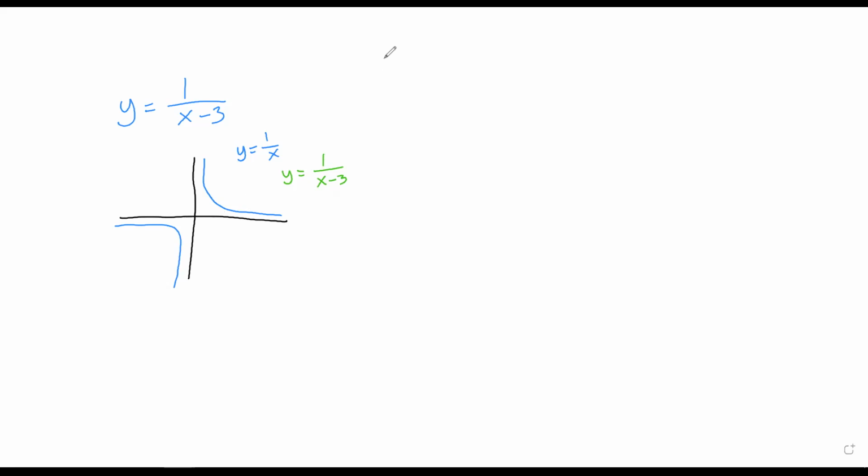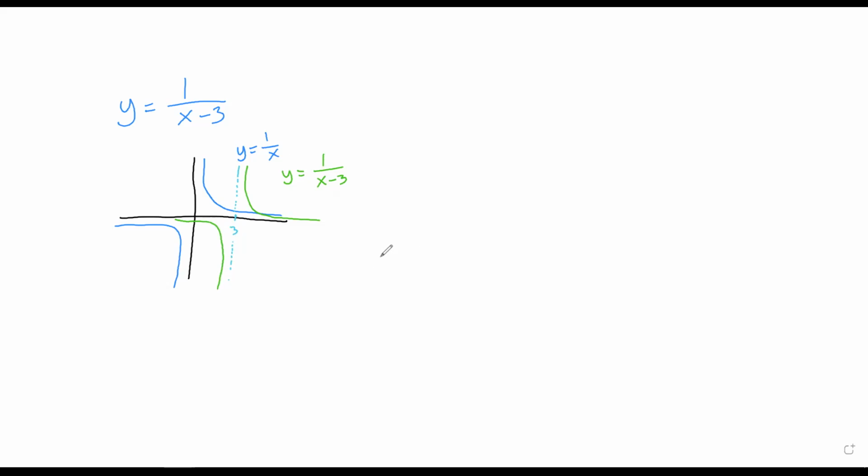So basically what I'm going to do here is draw an imaginary axis here at 3. Basically what's going to be happening is that the function is going to be moved 3 units to the right.